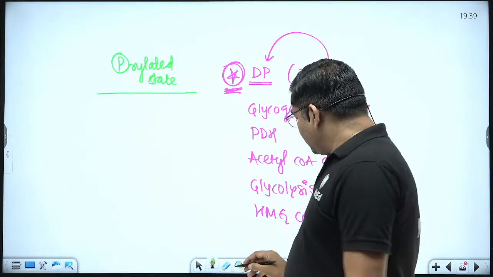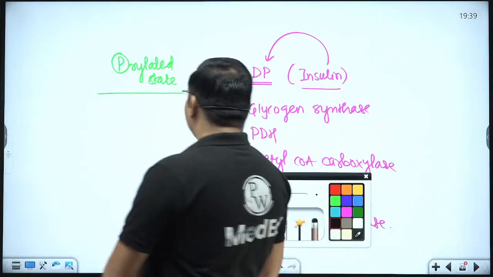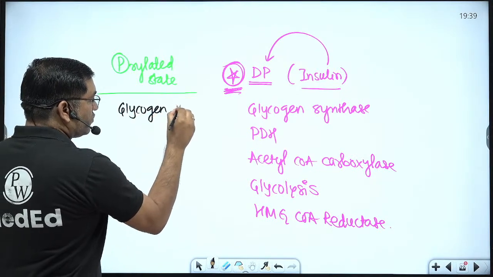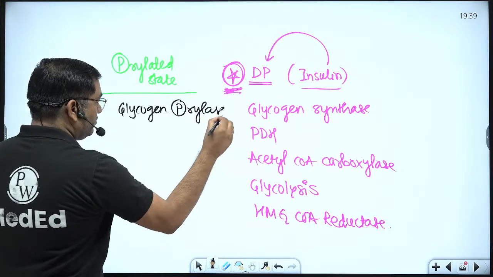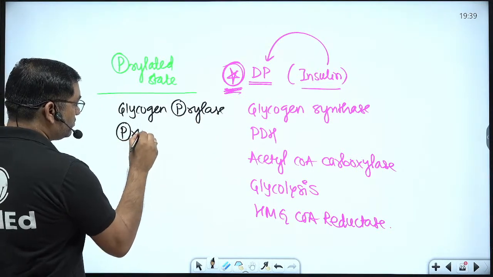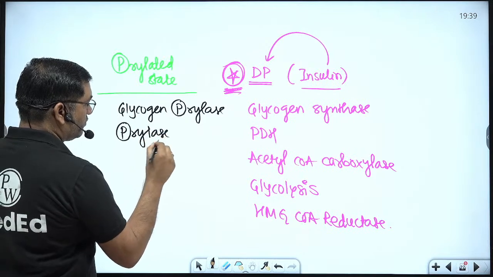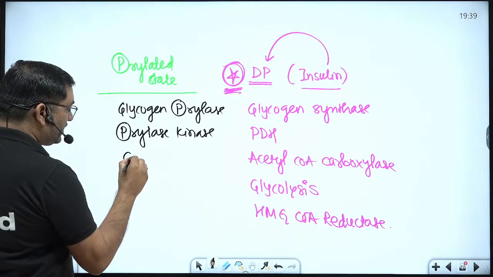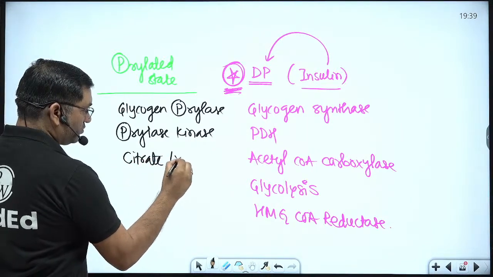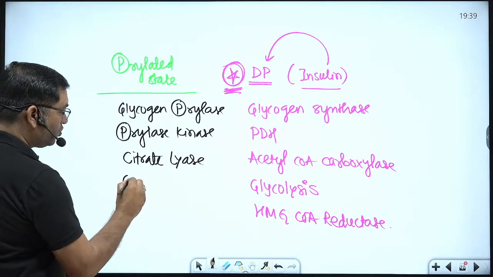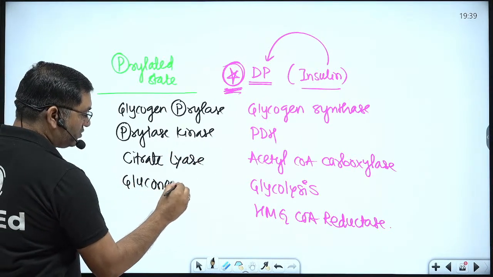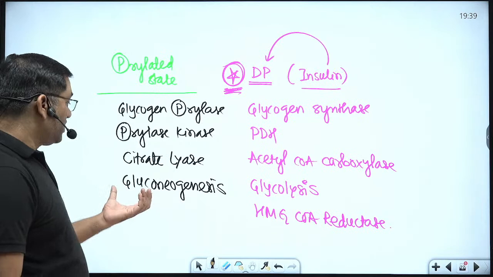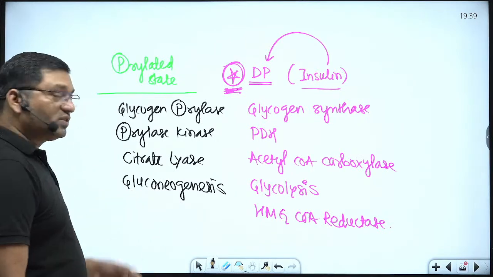In the phosphorylated state, the enzymes which are active include glycogen phosphorylase, then phosphorylase kinase, citrate lyase, and gluconeogenesis enzymes, that is pyruvate carboxylase, phosphoenolpyruvate carboxykinase, glucose 6 phosphatase, and all.